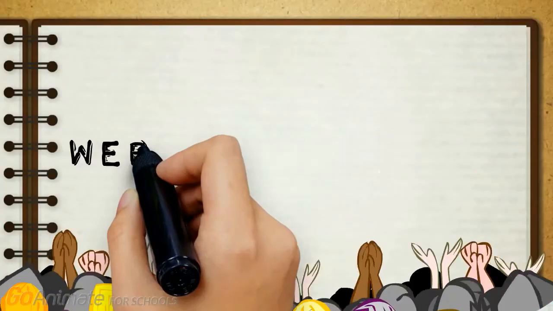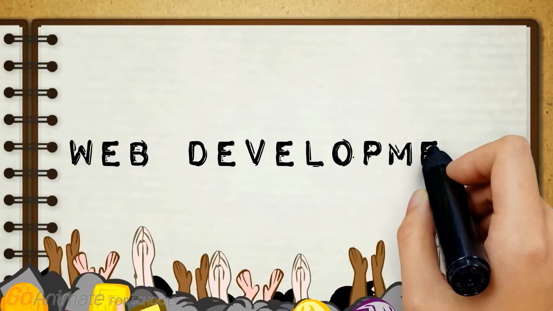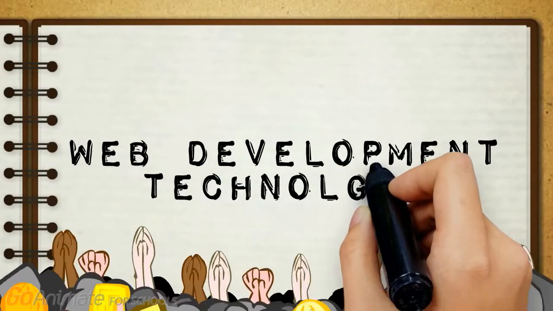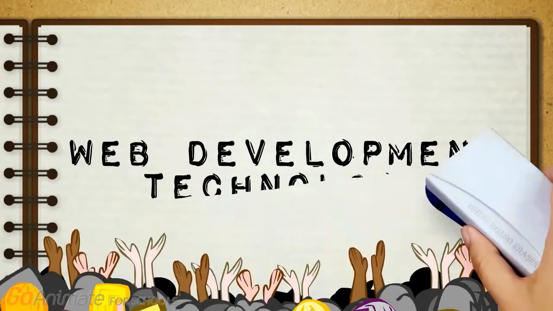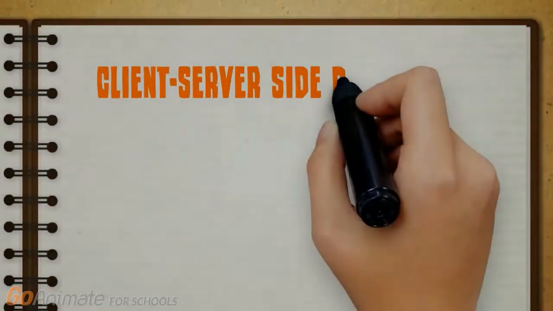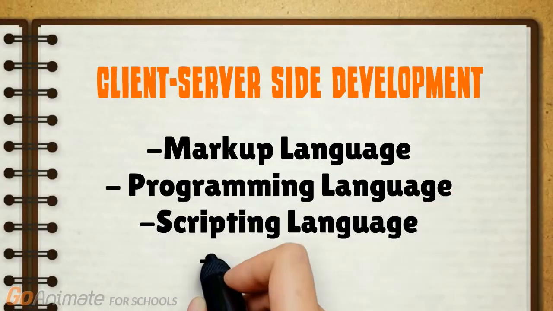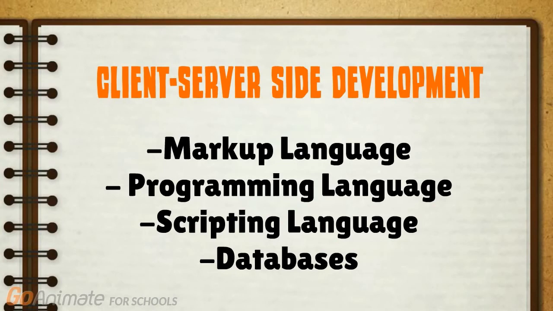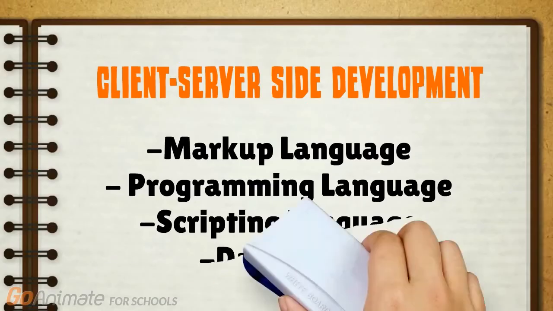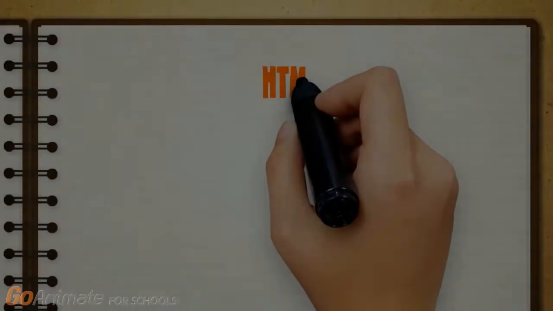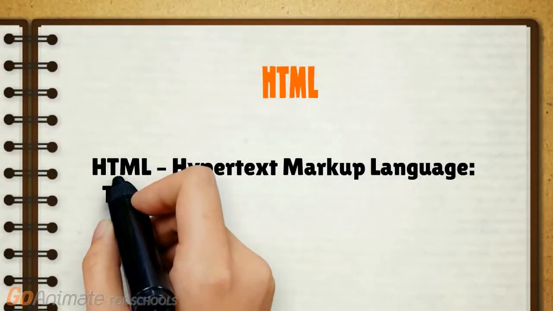Now, it's a good time to learn about web development technology. Client and server-side web development uses markup, programming, scripting languages and databases along with other technologies. We will quickly see a few of them. Let's see common client-side technology.